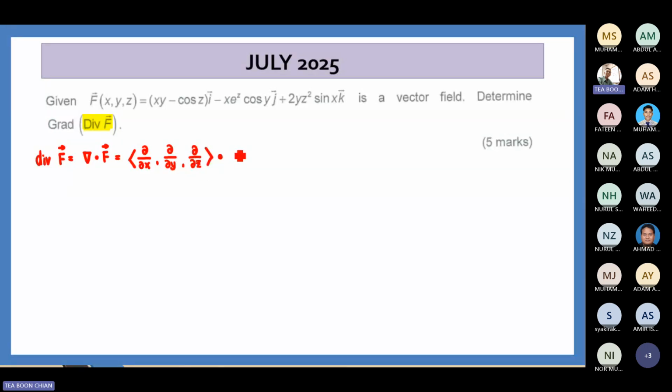Dot the vector f. Vector f has three components m, n, and p. First component, xy minus cos z. Second component, negative x exponent z cos y. Be careful, if there is a negative sign, bring it along into your component. Third component p, 2yz squared sine x.